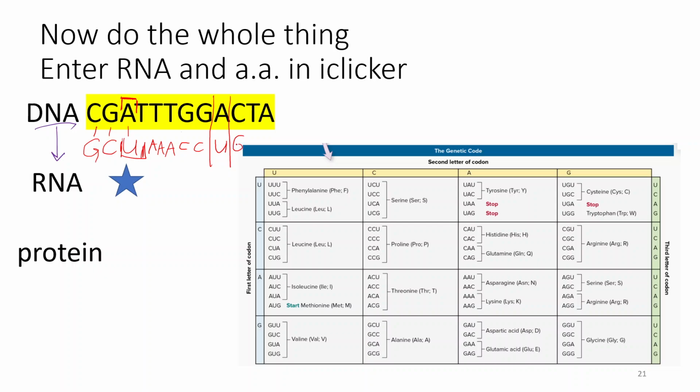And then we have G, A, U. Okay, so that's a little messy. Let's put it up here in a neater format. G, C, U, A, C, C, U, G, A, U.